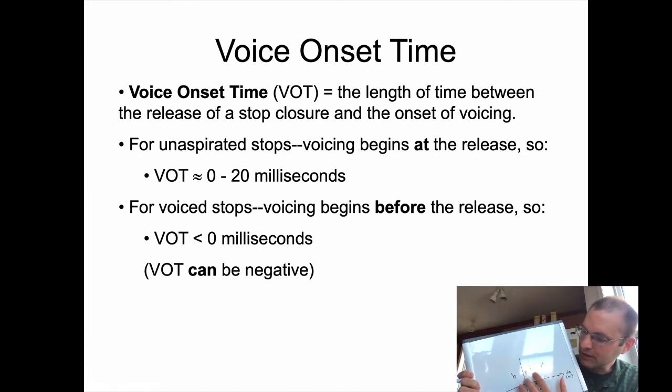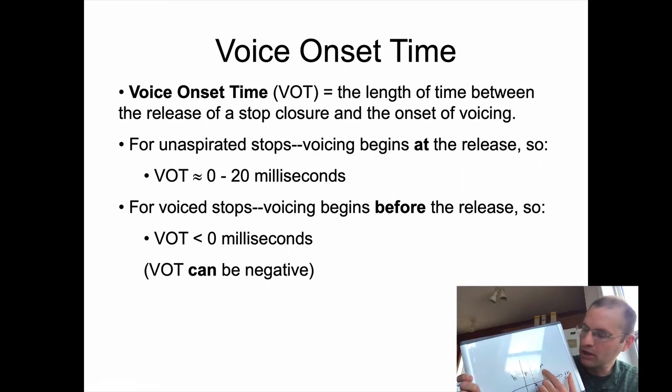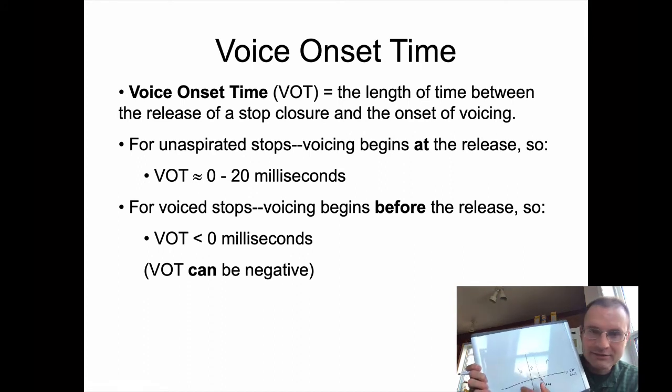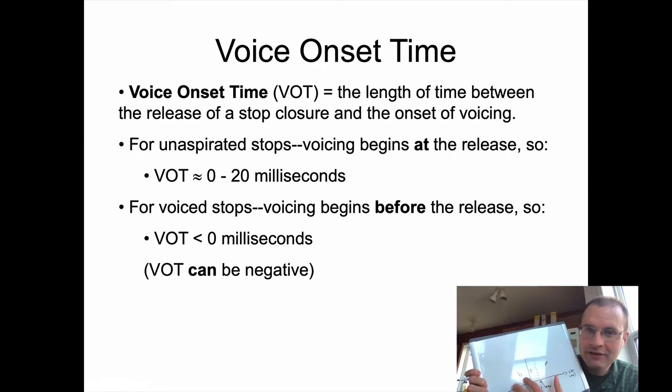If voicing begins a long time after the release of the stop burst, 20 milliseconds or more, or maybe 50 milliseconds or more, then you get an aspirated stop, puh, with our little h superscripted there. But if voicing begins before the release burst, which is just our landmark because we can see it easily on the spectrogram and actually hear it pretty easily too, then we have a negative VOT and we get a truly voiced stop, which we would transcribe with a b.